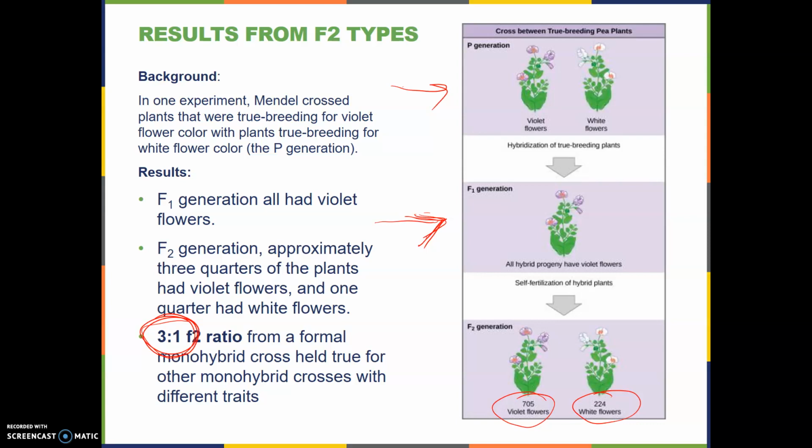Now, if he would have only used humans or animals to do these crosses and gotten maybe 10 offspring at a time or one offspring at a time, just a very low number, the chances of him getting this 3-to-1 ratio in the F2 generation were not as great. But because he actually looked at thousands of offspring at one time, the more offspring that you look at, the more likely that you're going to get that 3-to-1 ratio. But the bottom line is some of the offspring were white in the F2 generation.